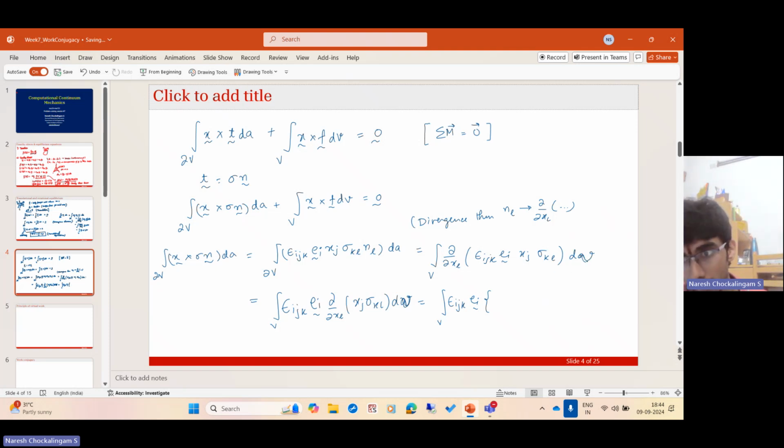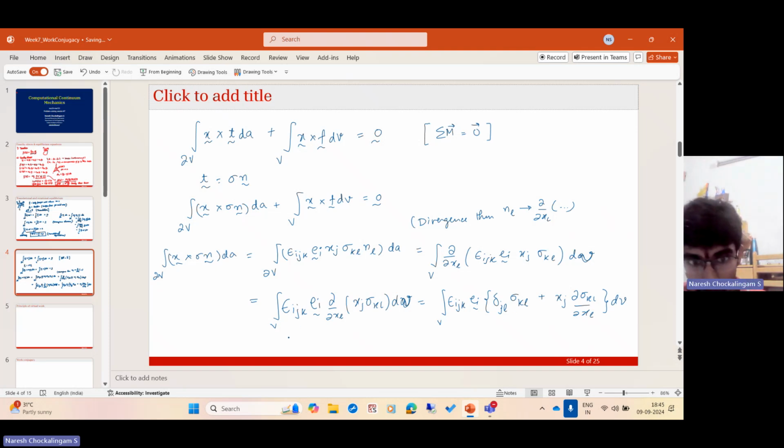First differentiate xj with respect to xl, which leaves you with a delta jl sigma kl, plus you have an xj partial sigma kl by partial xl, dV.